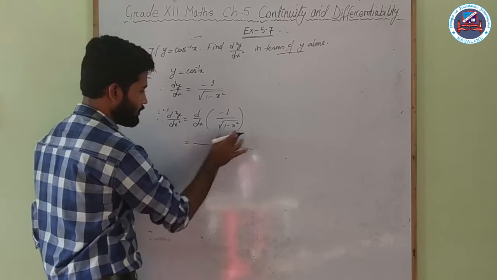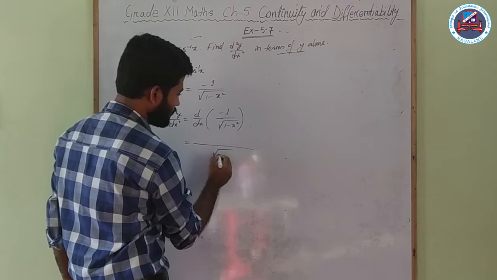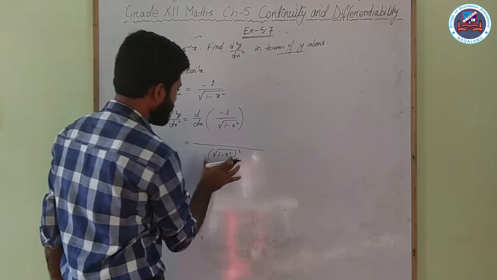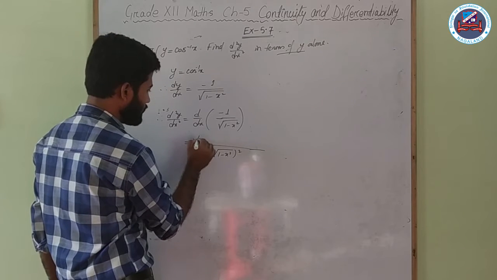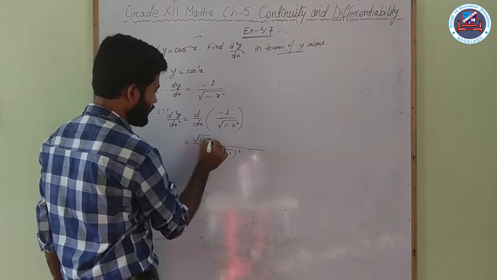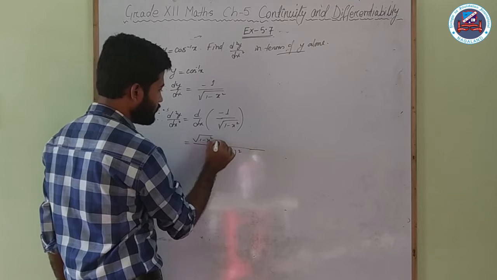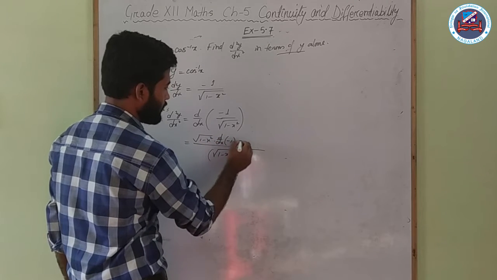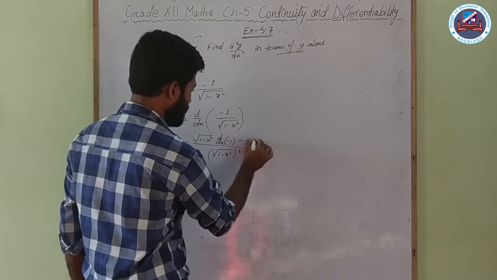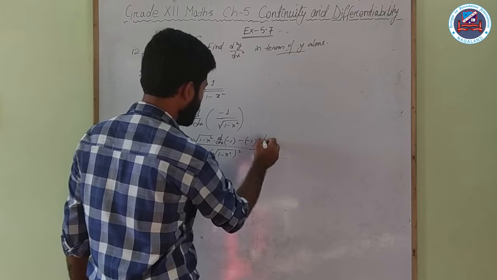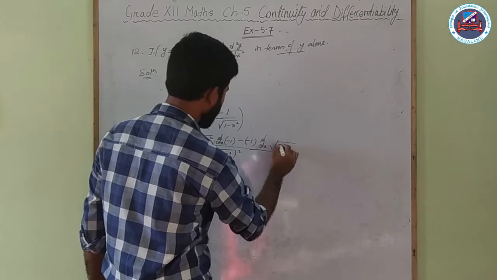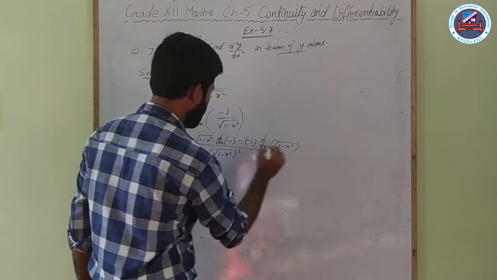At first, we need to take the square of the denominator, that is 1 minus x squared whole square. So the second function will come up, root over 1 minus x squared into d/dx of first function, that is minus 1, minus first function into d/dx of second function. So what is the second function? It is root over 1 minus x square. Fine.